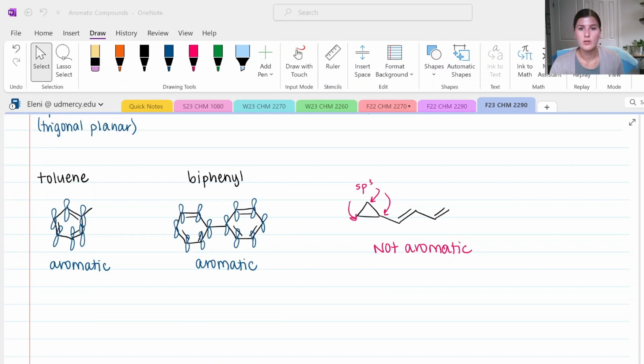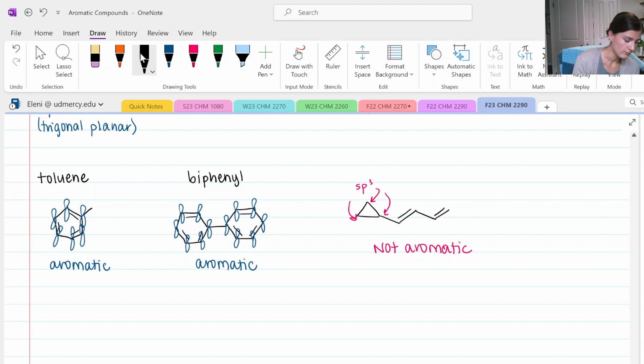I want to do one more example of a heterocycle. This means at least one atom is not a carbon.